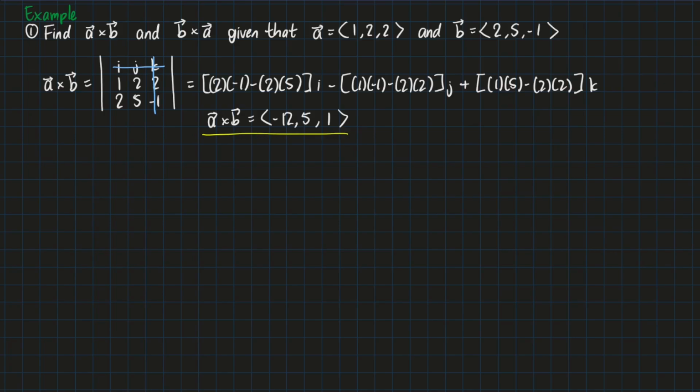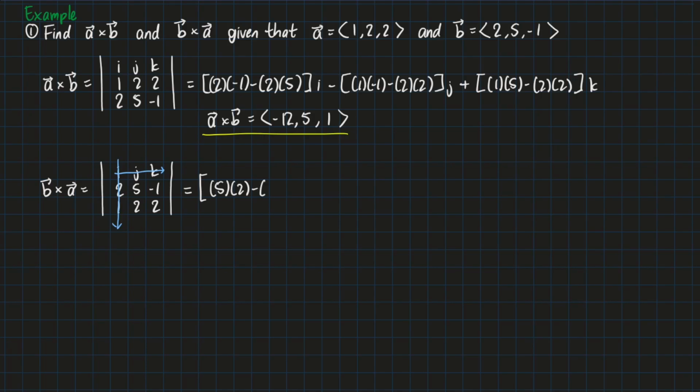Now let's do B cross A. This time, since the order of A and B switched, B is now our first vector, so we put 2, 5, negative 1 in the second row. And then for ijk, we'll start with i. 5 times 2 minus negative 1 times 2.